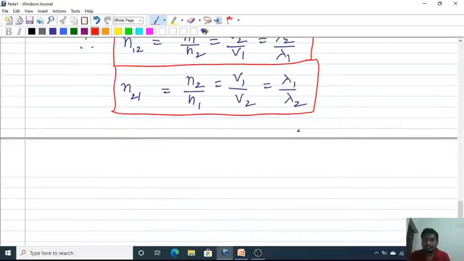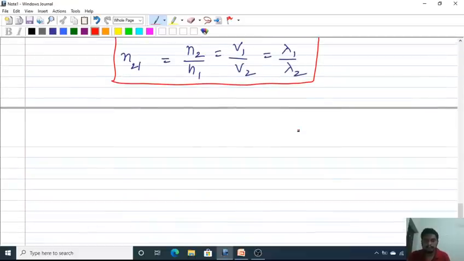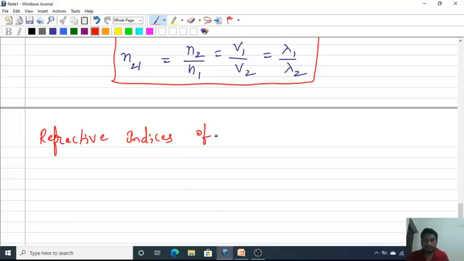The next one, what are the refractive indices values of different media? Refractive indices of different media.